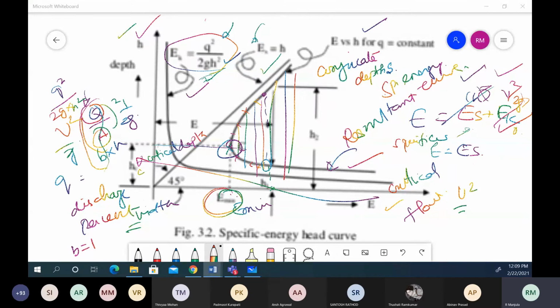If you see, the kinetic energy curve is going to be a parabola, and the curve of static energy head is a straight line passing through the origin at 45 degrees. But adding these two values, we are getting a resultant specific energy curve. This is called your specific energy curve.